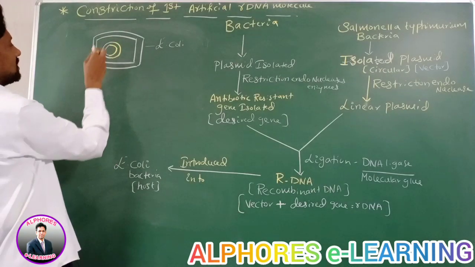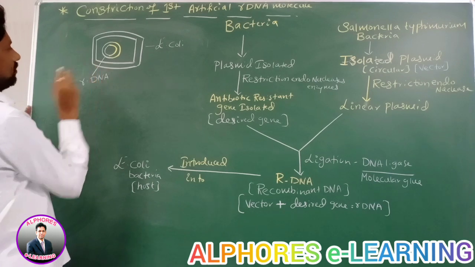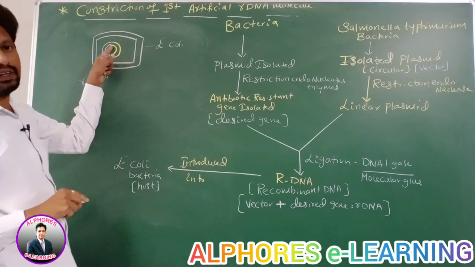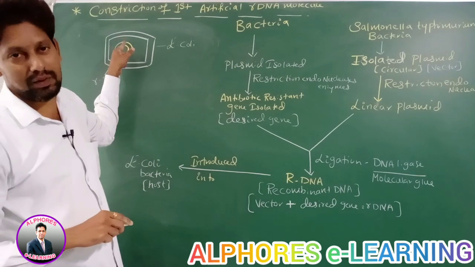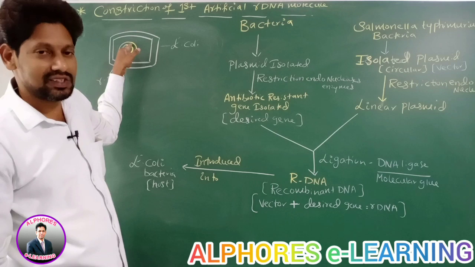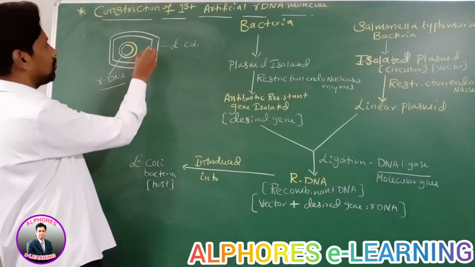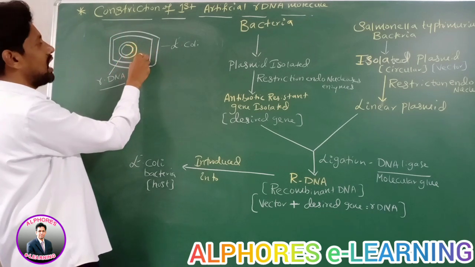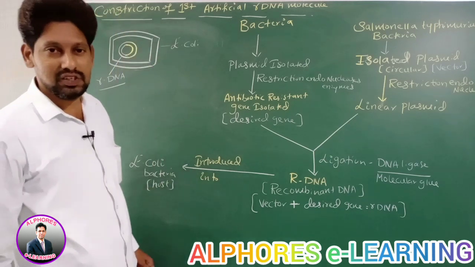Then what is this one? This is rDNA, that is a recombinant DNA molecule. Now this rDNA present inside the E. coli bacteria replicates. But replication requires one enzyme, DNA polymerase. Therefore rDNA replicates inside the host E. coli bacteria by utilizing the DNA polymerase of E. coli bacteria. Is this statement okay?